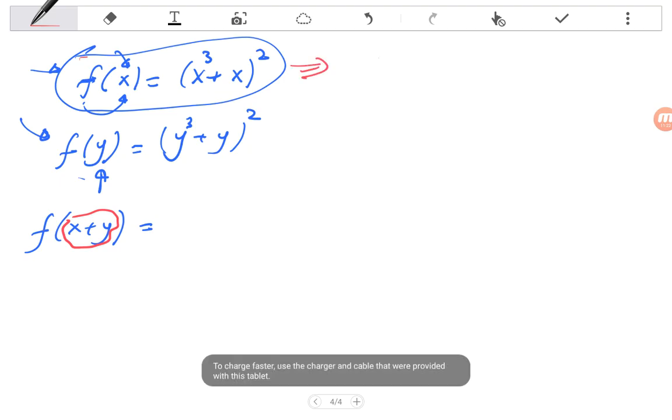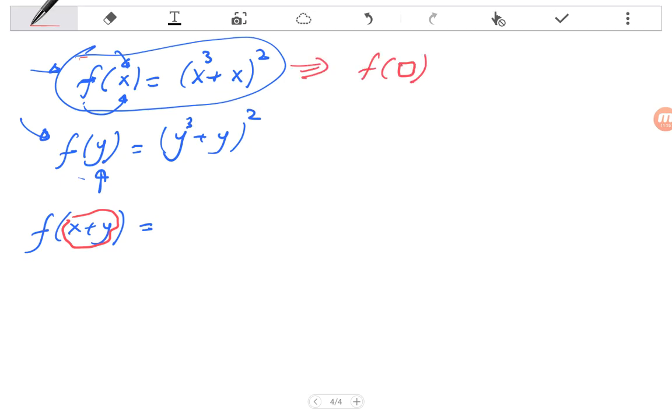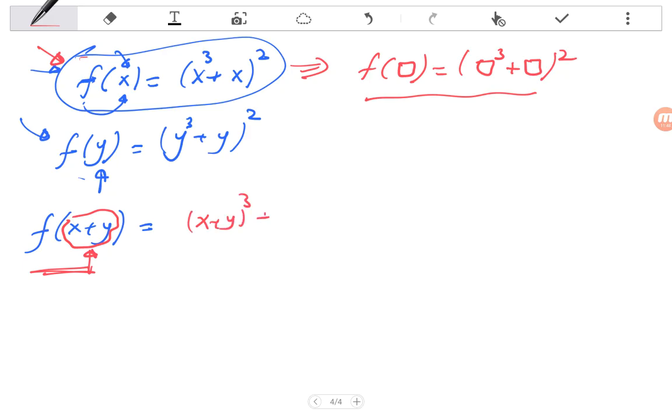I just told you that f operates on any input in that way: it takes it and cubes it, then adds the same input, and all squared. So whatever the input was, I operate on it in the same way that I determined in this expression. So what will be the output of this function? It will be x plus y all cubed plus x plus y, then all squared. Okay? Is that clear?